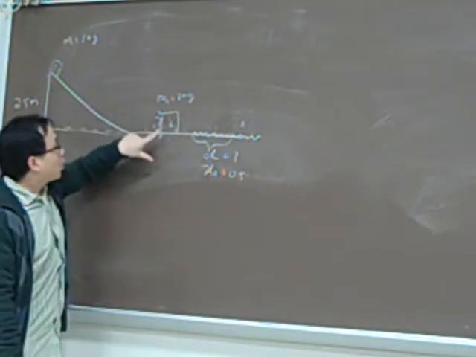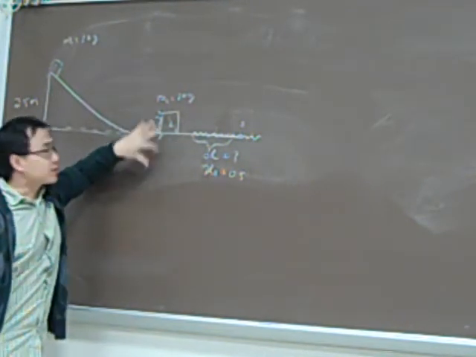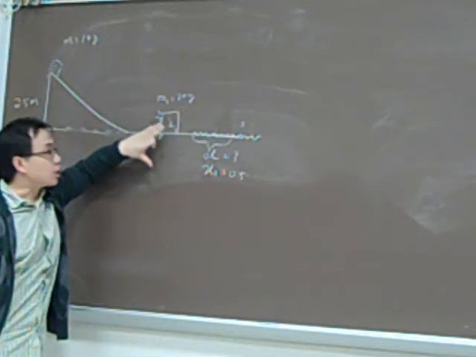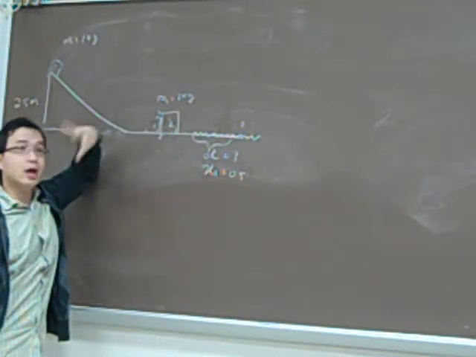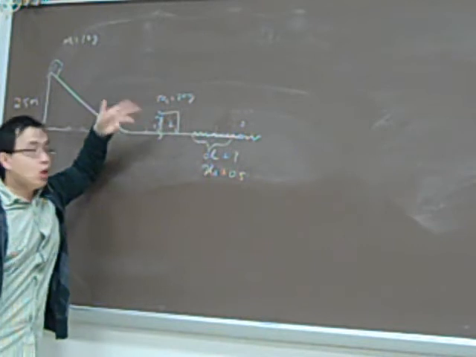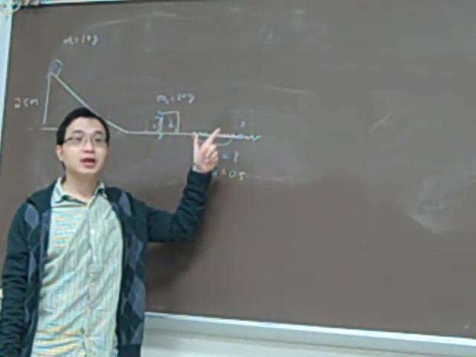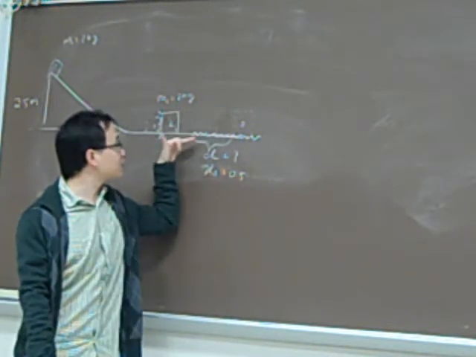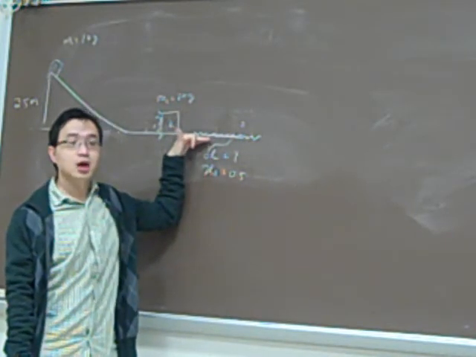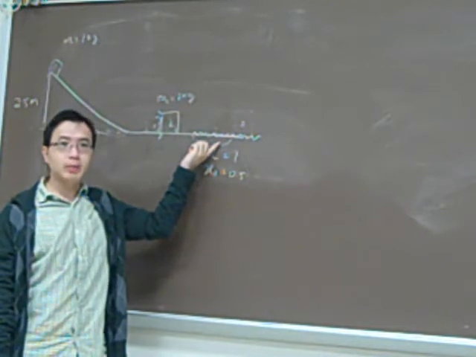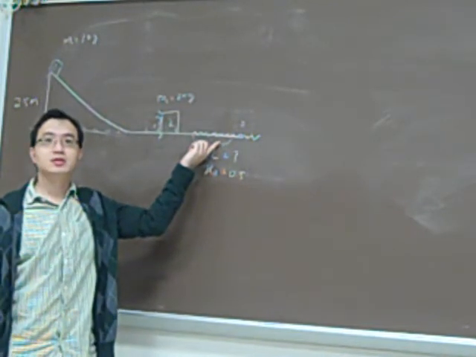So that means, like say, after collision, the block 2 acquires like say 10 meters per second. Without friction, it will keep this 10 meters per second, unless it enters the frictional region. So only this part is the stopping distance or slowing down distance.